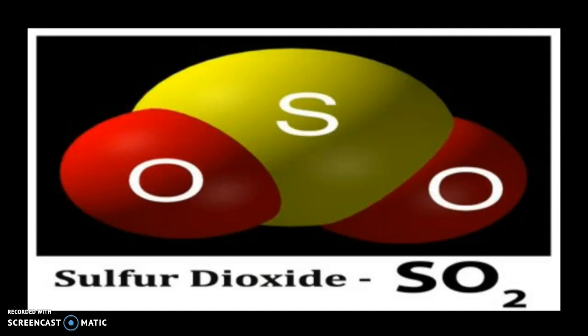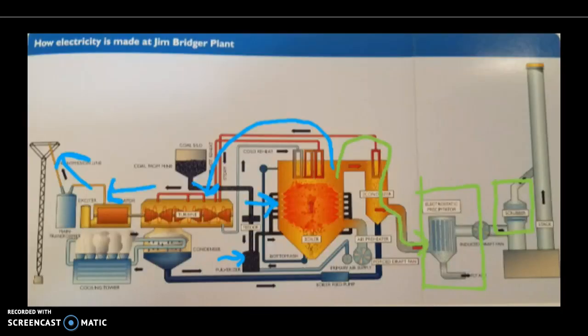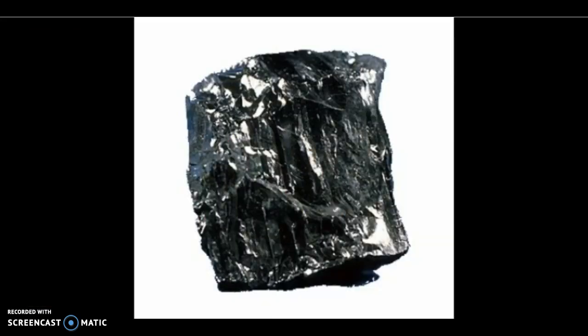Another byproduct is sulfur dioxide. This is also very hazardous to our atmosphere. This is removed from steam and the air by scrubbers, indicated in this smaller green box.